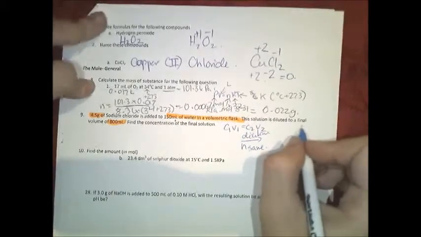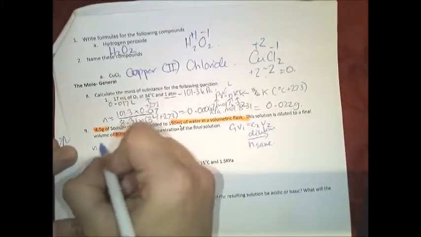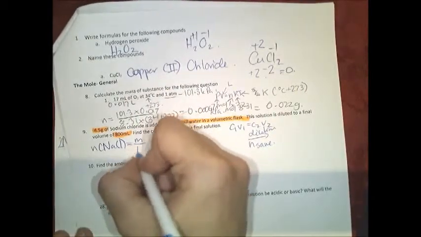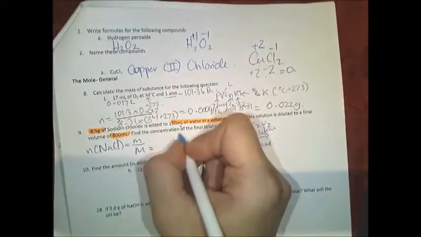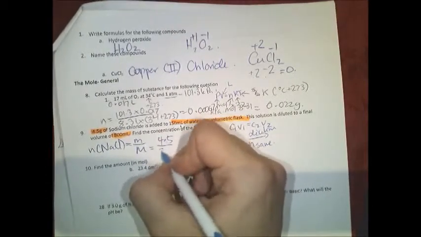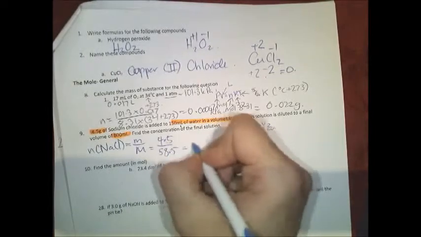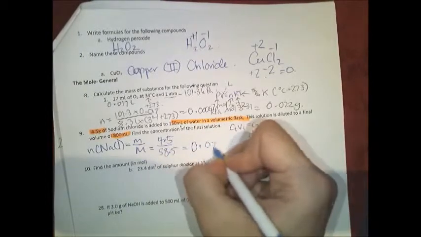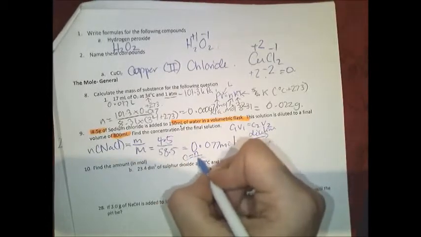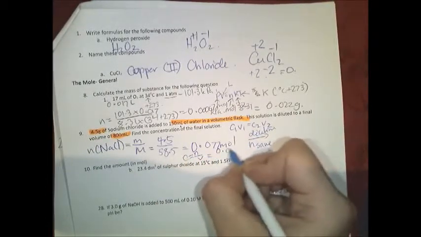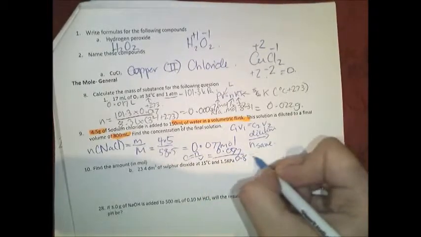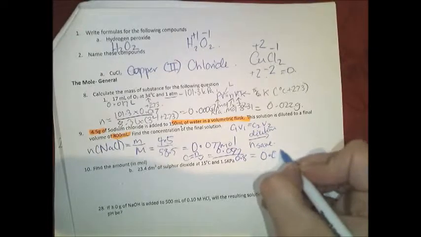So why don't we just work with moles? The moles of NaCl equals mass over molar mass equals 4.5 divided by 58.5, which is 0.077 mole. Concentration is moles over volume, 0.077 divided by 0.8 liters is 0.096.